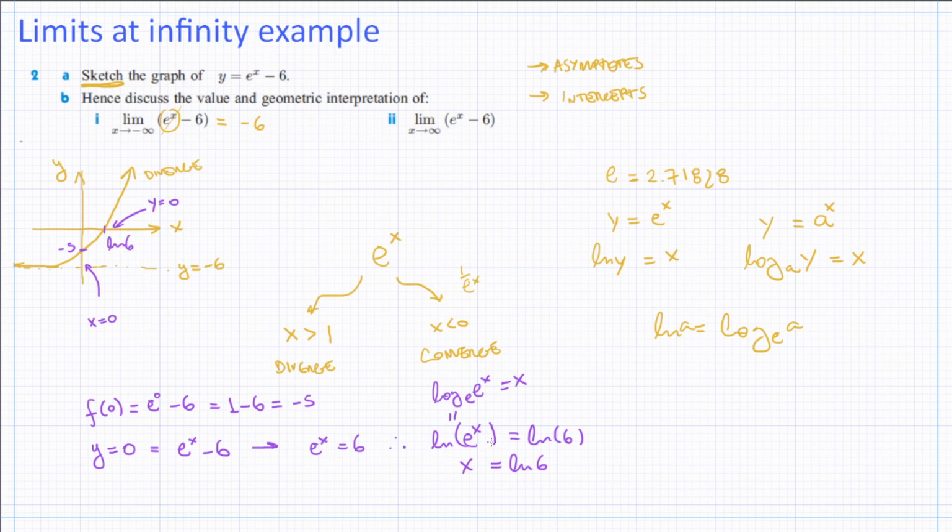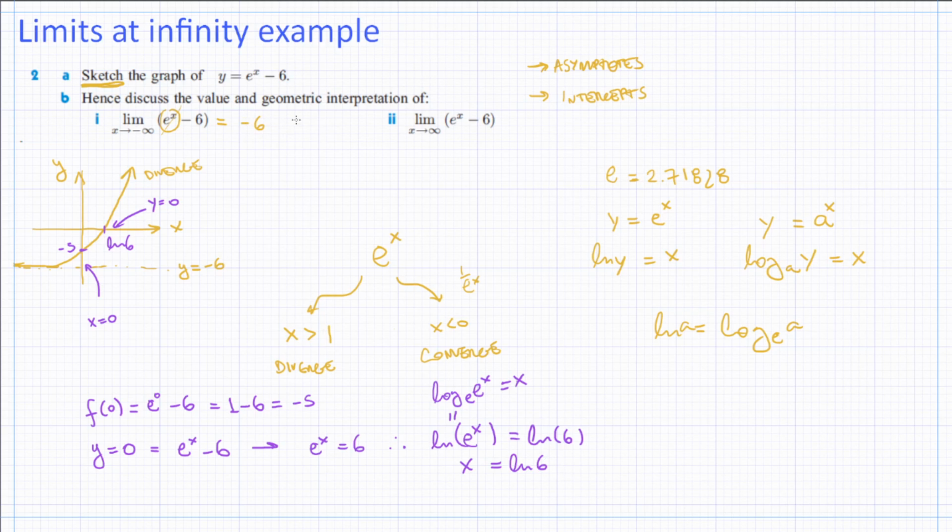And usually they don't ask you to put this in numbers, because this is going to be a number. It's not going to be a very nice, beautiful integer. It's going to be a very awful number. It's not going to be rational. So just leave it like log of 6, so you have the exact value and not some rounding problem.